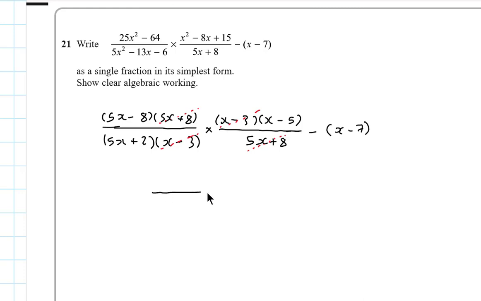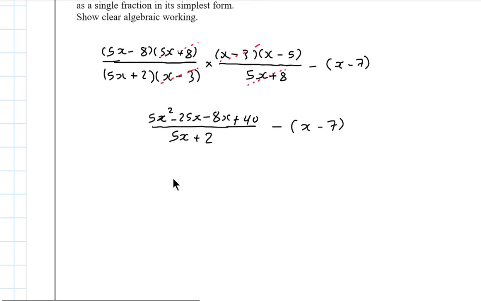And then we have 5x plus 2, 5x plus 2, and we can multiply this bracket with this bracket: 5x times x, 5x squared. 5x times negative 5 will be negative 25x, and negative 8 times x, negative 8x, and then negative 8 times negative 5 plus 40. Okay, minus x minus 7.